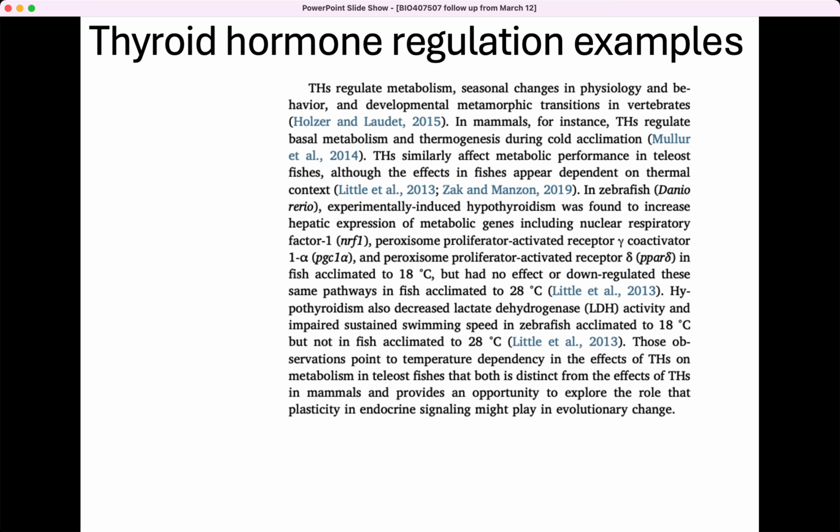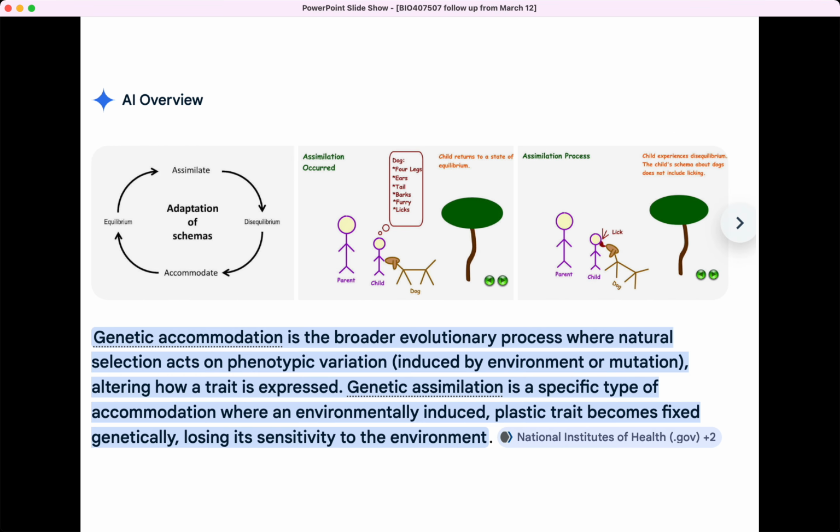For example, we learned that thyroid hormone is the big metamorphic hormone in amphibians. And so in fish, the thyroid hormone plays, in some species, a phenotypic plasticity that's relevant, scientists felt, for the extreme versions in these little pupfish. Okay?